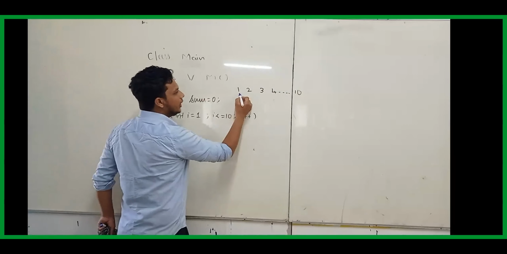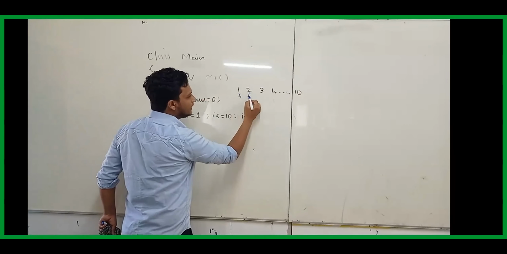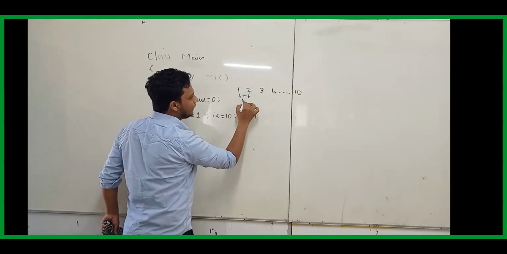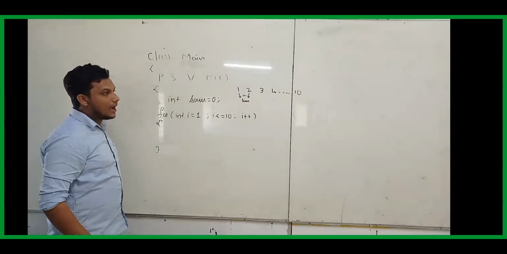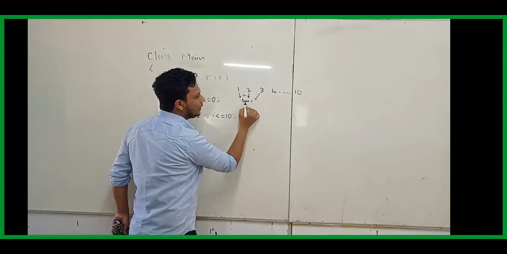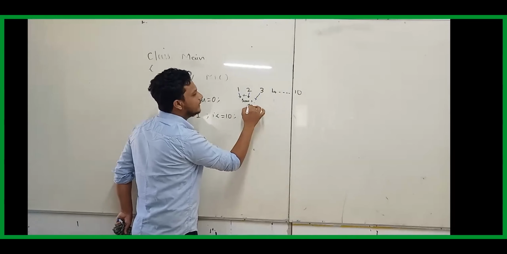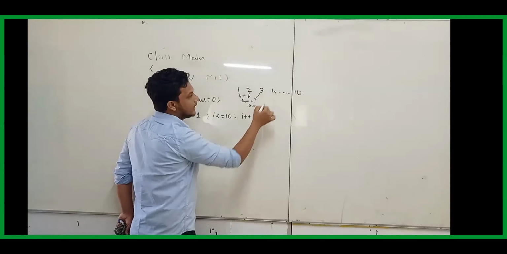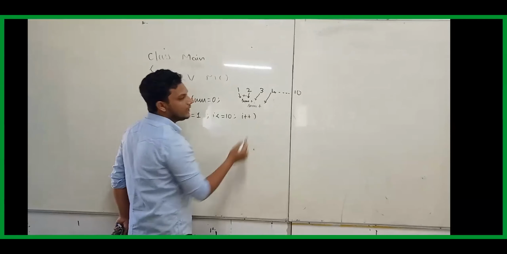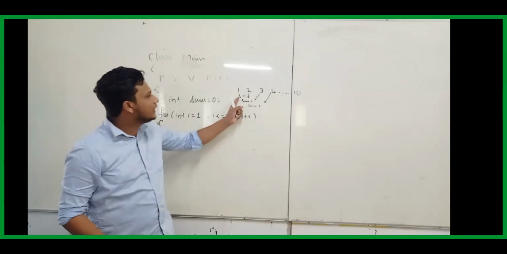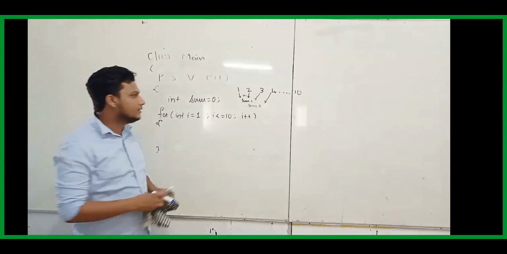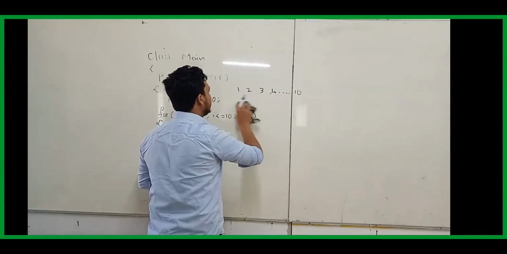I take 1 and 2, add these two values, and keep the total sum here. Next I take one more number, 3, add it to the total sum, and store it in sum. Again I take 4 and add it to the total result. I keep the same process up to 10, and this will give me the result. Yes or no? Let me come at it from another angle.